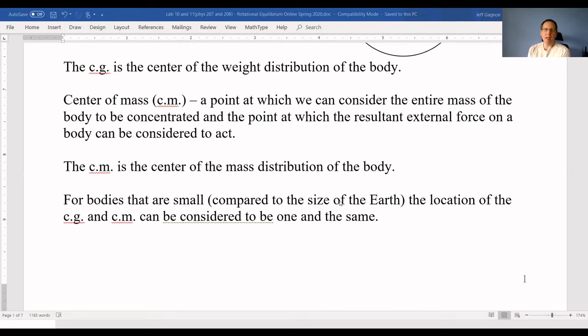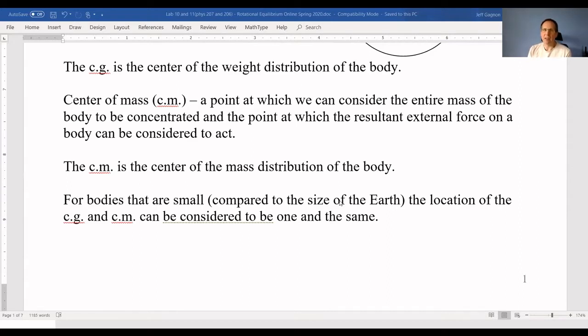So if you had a nice symmetrical uniform object, the center of mass would be right in the center of the object. But because gravity is slightly stronger near the surface of the Earth and slightly weaker as you move away, when you calculate the weight of those little bits of mass near the surface, they are going to be weighted more strongly than the little bits of mass near the top, that are further away from the surface.